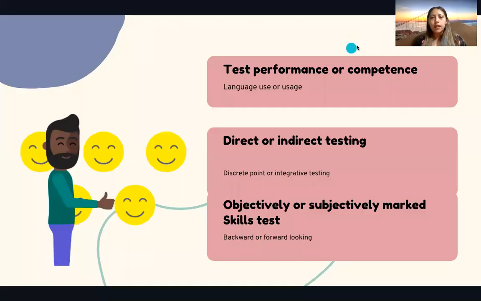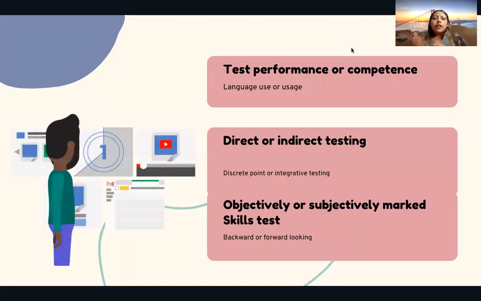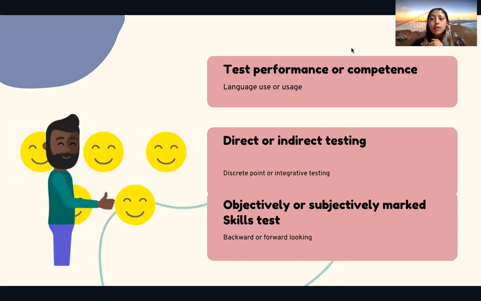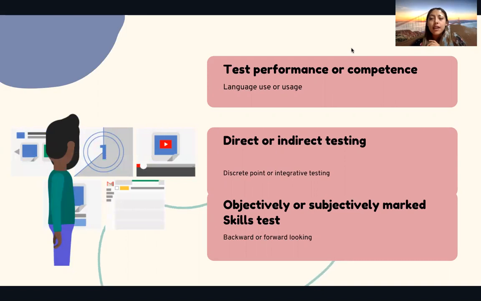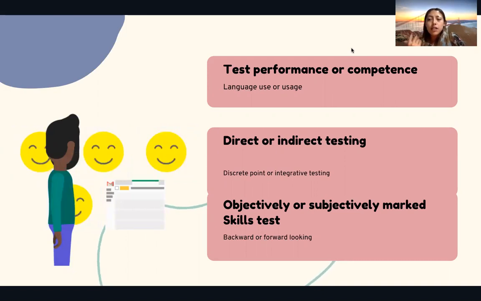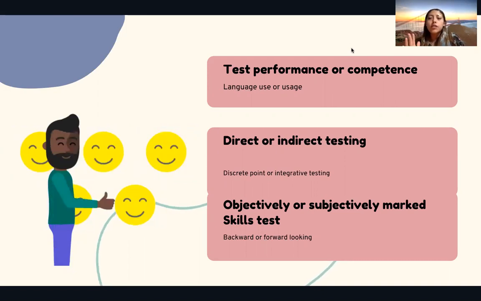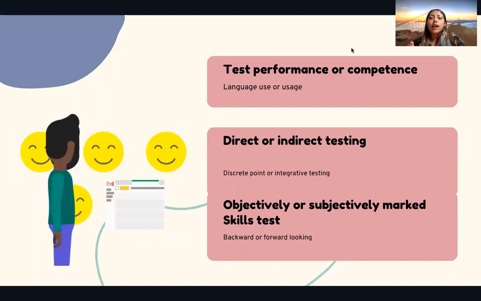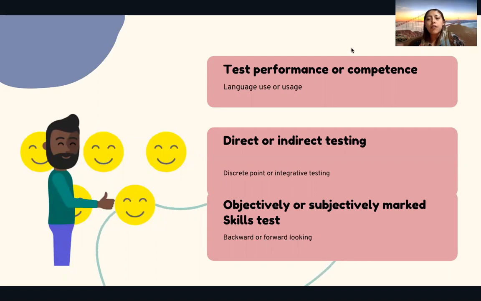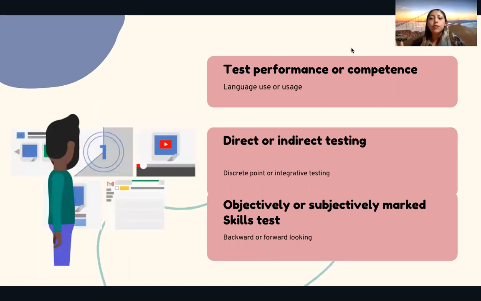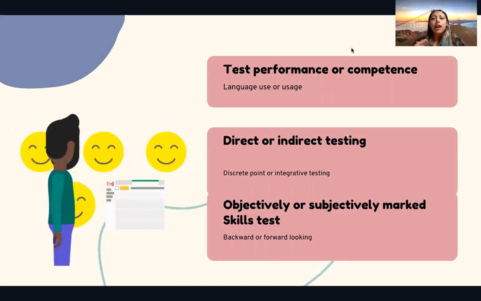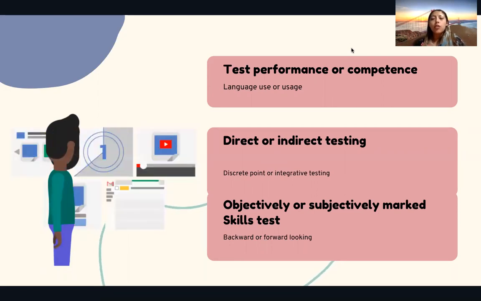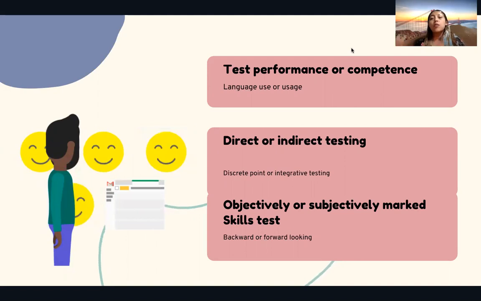But regarding test performance or competence, as I have mentioned, Chomsky tells us about the speaker-listener's knowledge of language, so the test considers more the ideal knowledge in competence than in performance, because in performance it must focus on the skills. Language use or usage, well, could be used in a communicative way.